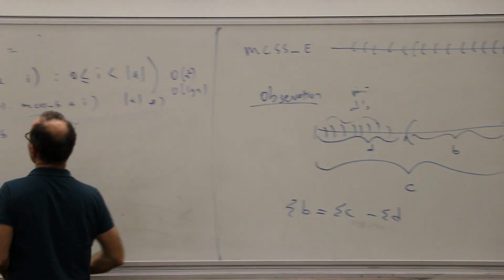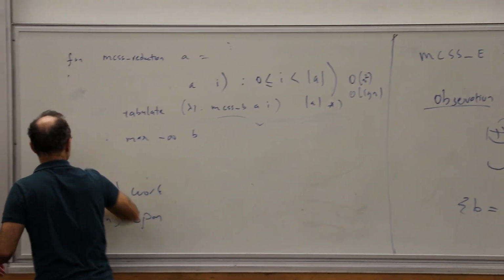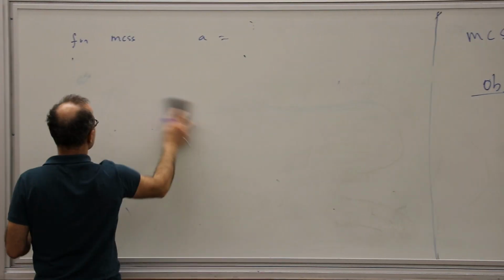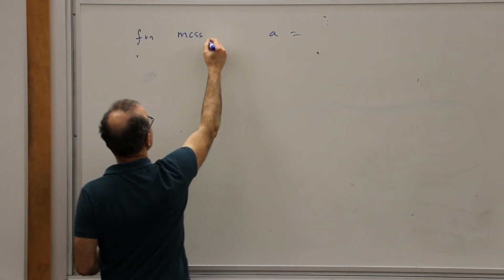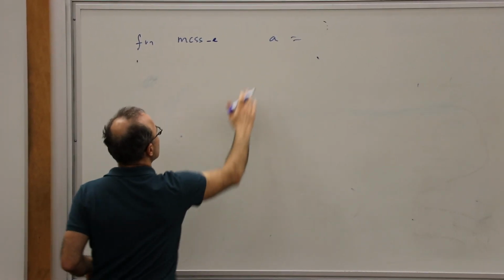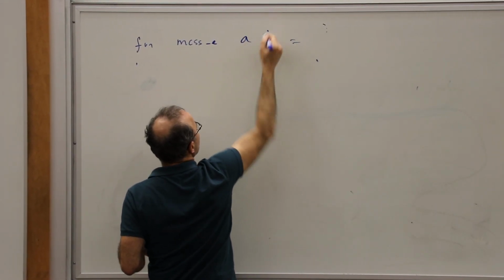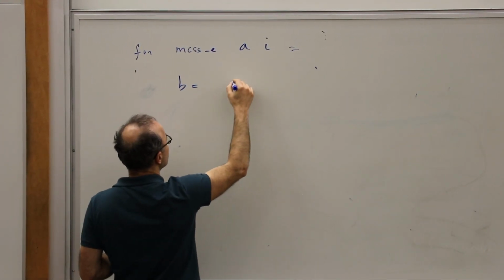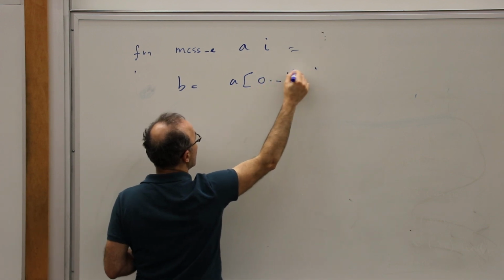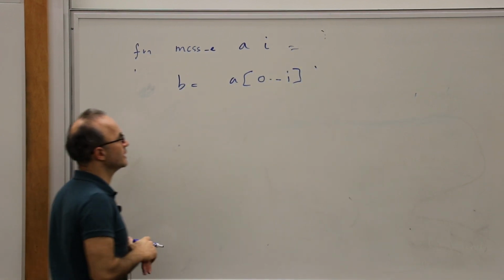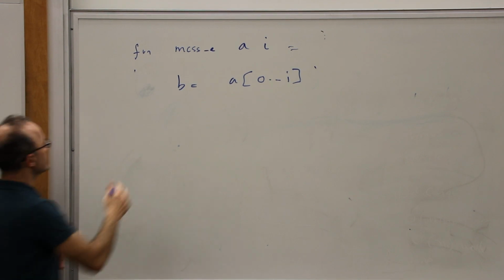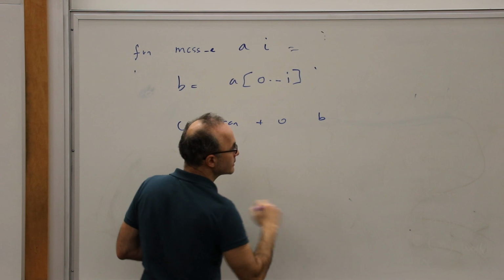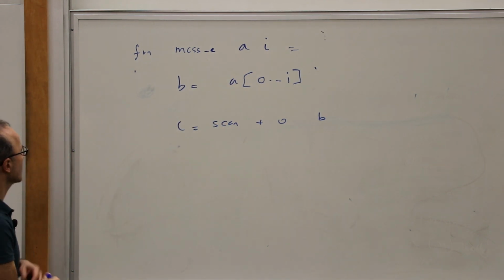It's very simple, right? Erase that. Write the code for it. So that's an MCSSE problem. Okay, and then we want to take the particular position. So what we first want to do is extract our sequence, 0 to I, that we are interested in. And then we're going to do a scan plus 0 over B. That's going to give us all the prefix sums.